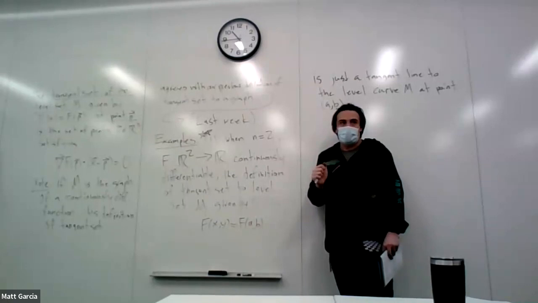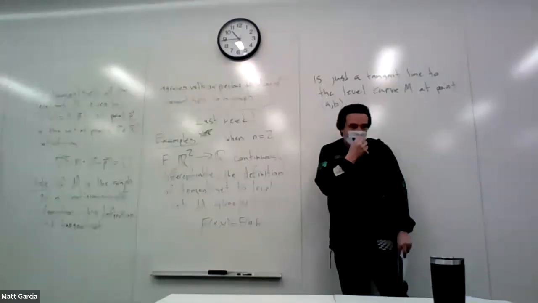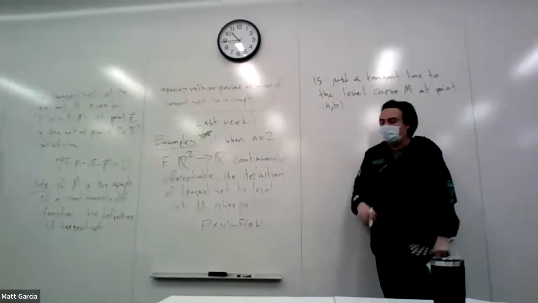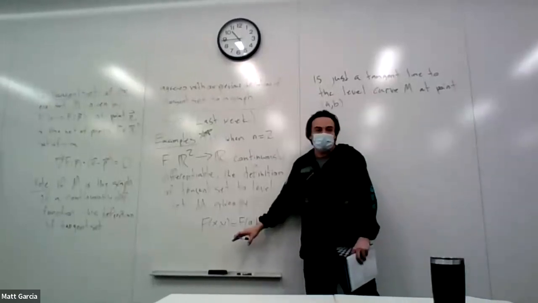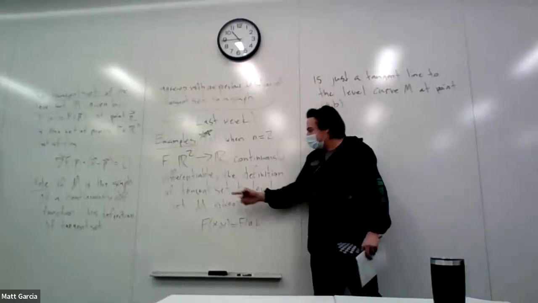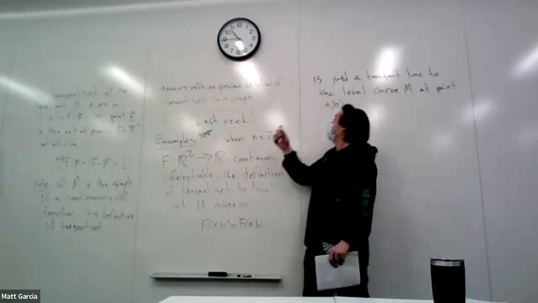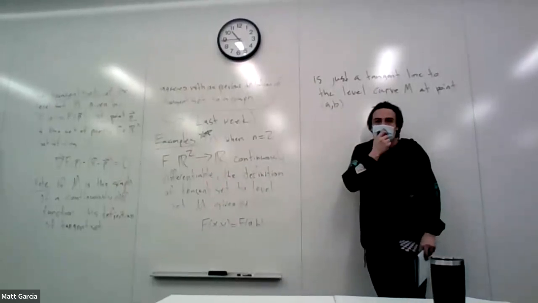Yeah. So are the cross sections. Yeah, exactly. So when we take this cross section and we describe the tangent set of the level set, we just get a tangent line. Yeah. Good.